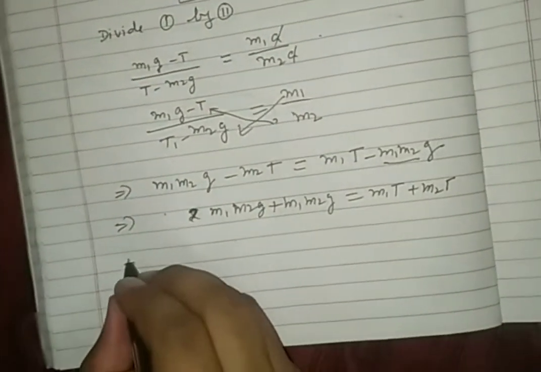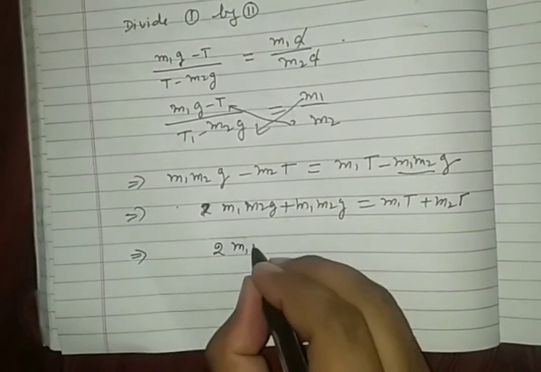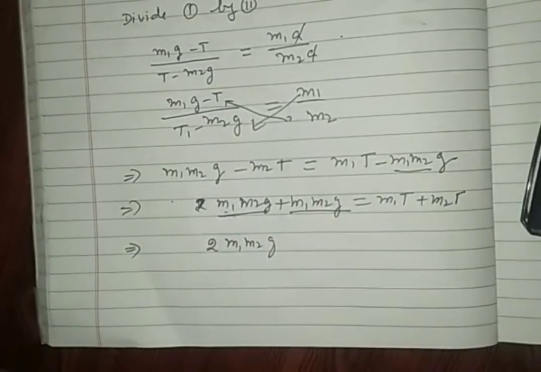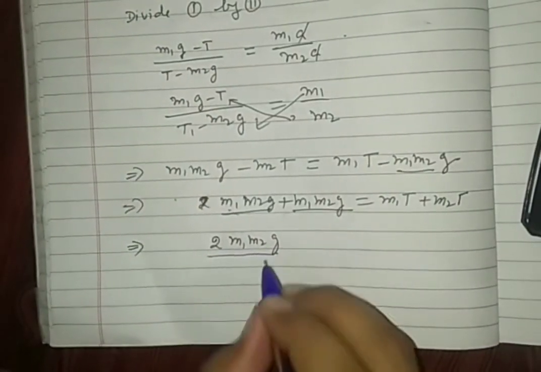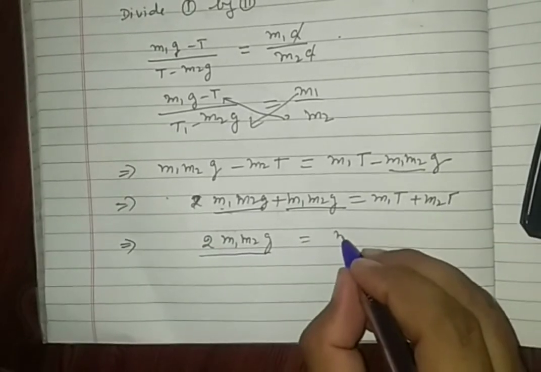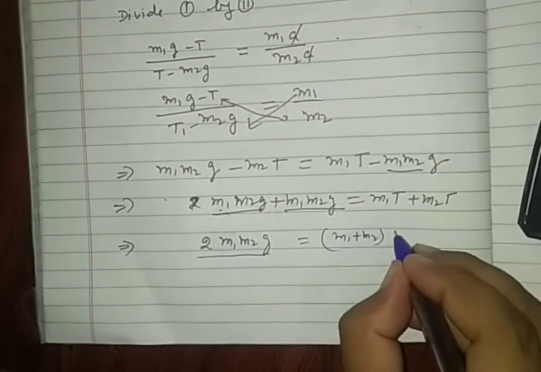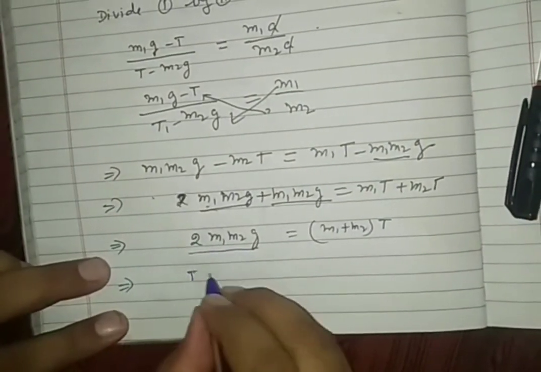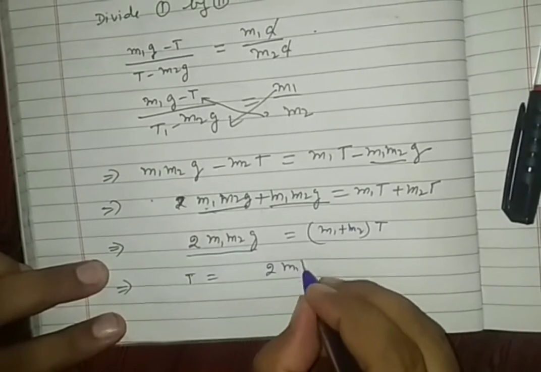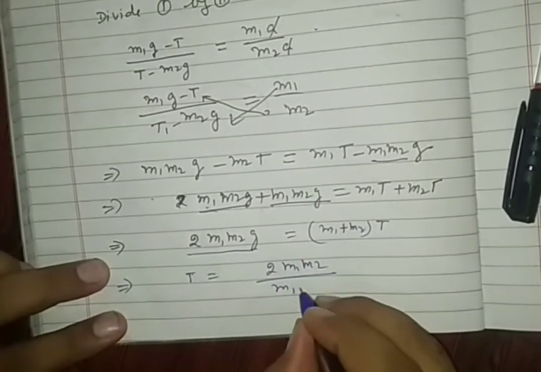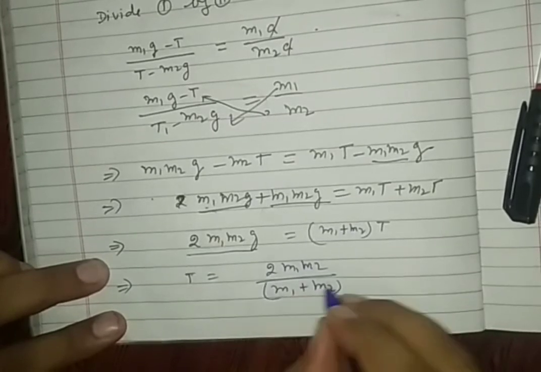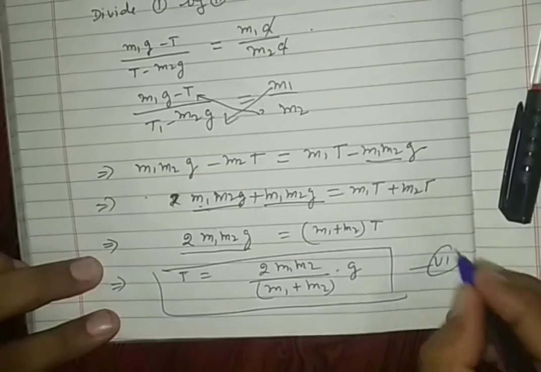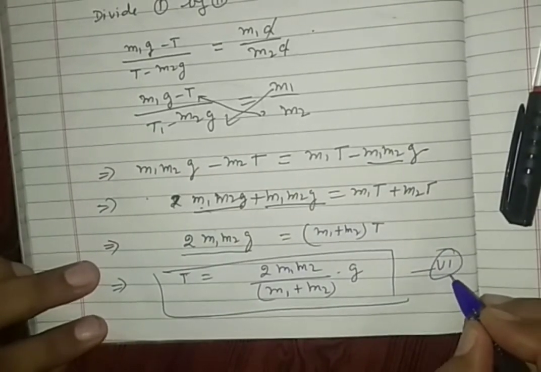So 2M1M2G equals M1 plus M2 times T, with T common. Or we can write T equals 2M1M2 divided by M1 plus M2, times G. This is the second formula, represented by equation number 6.